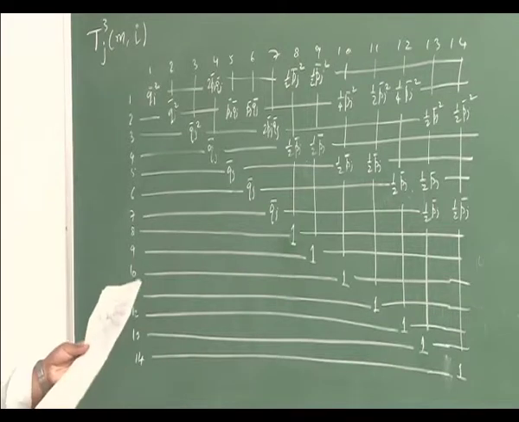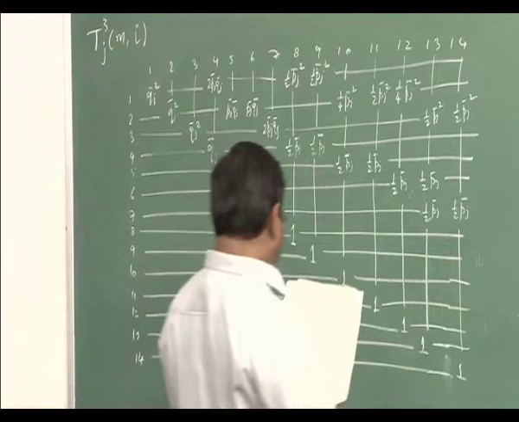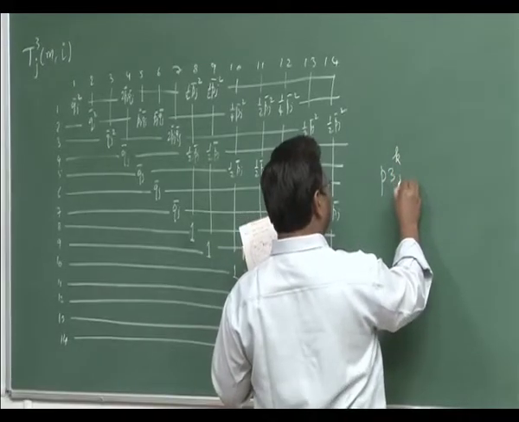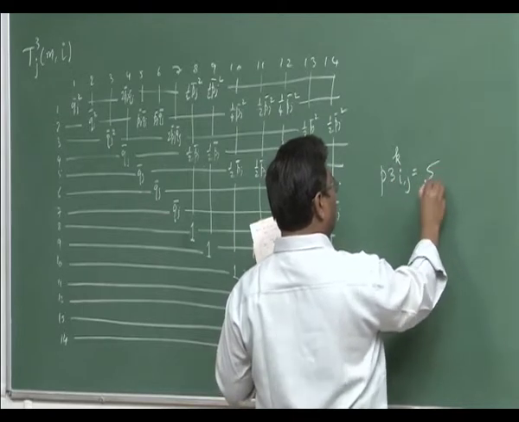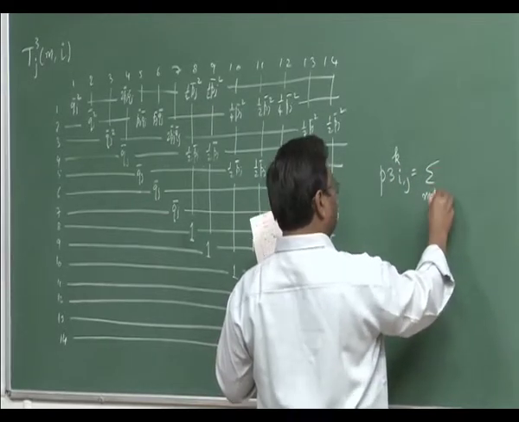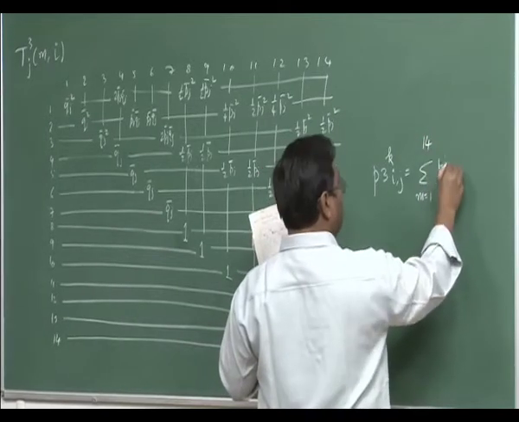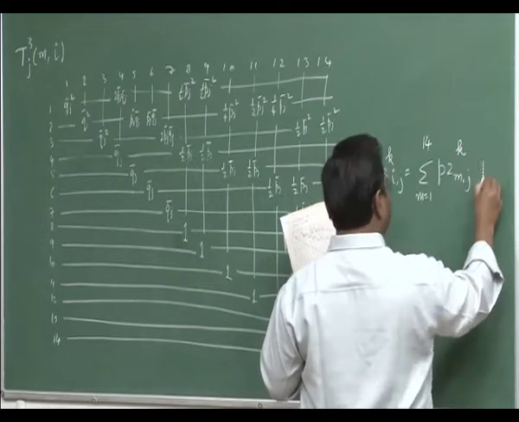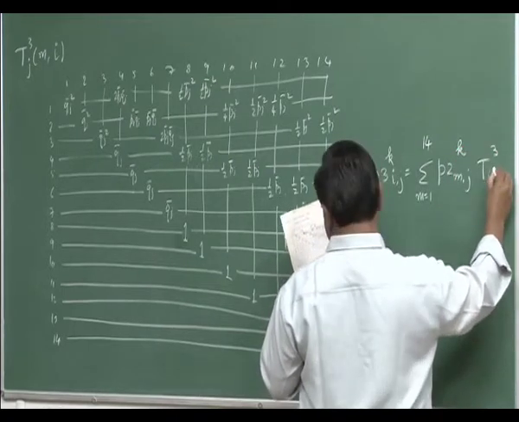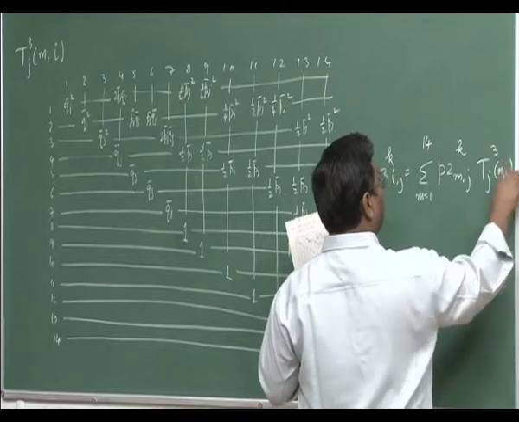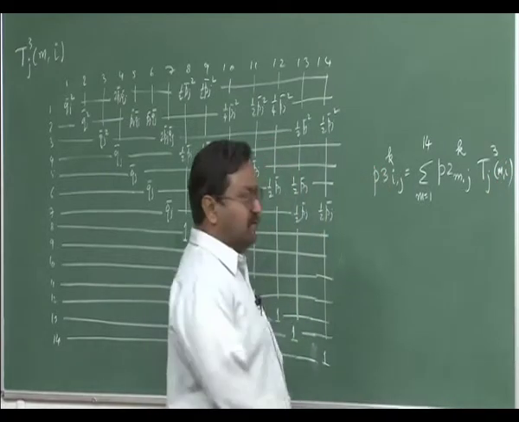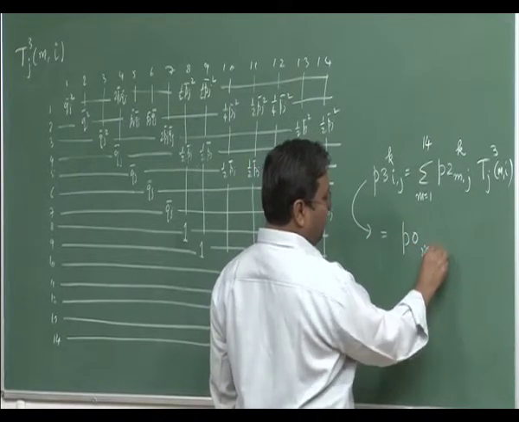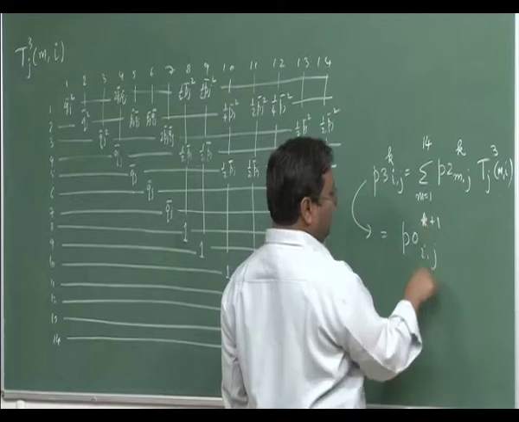So this will be the third transition matrix, and from here you will actually get the third equation, which will be what will happen after this, and this will be nothing but equal to P0 I j k plus 1.